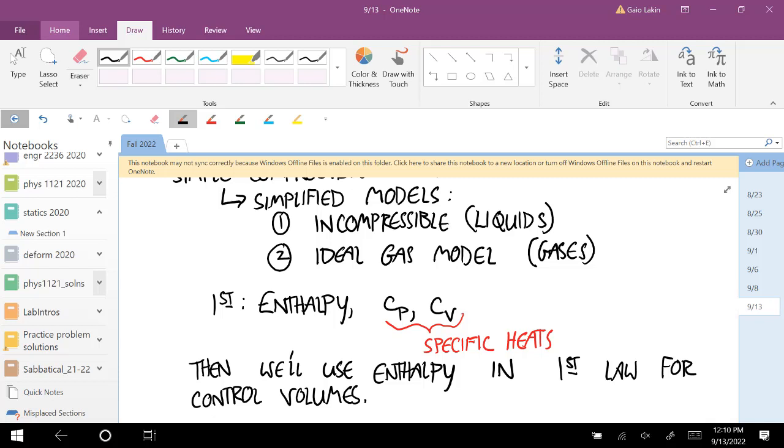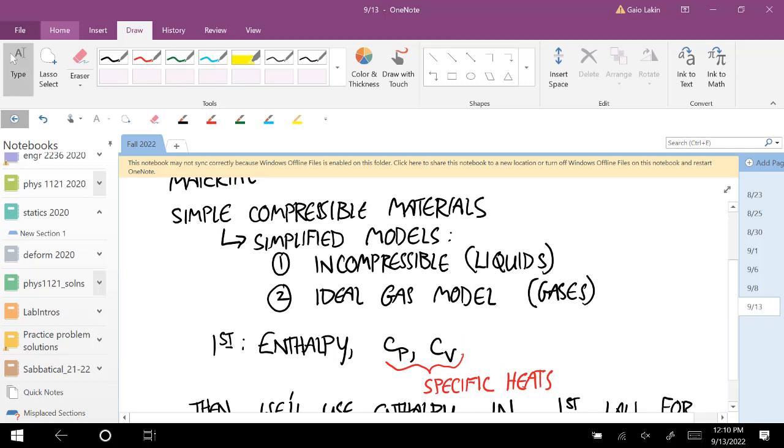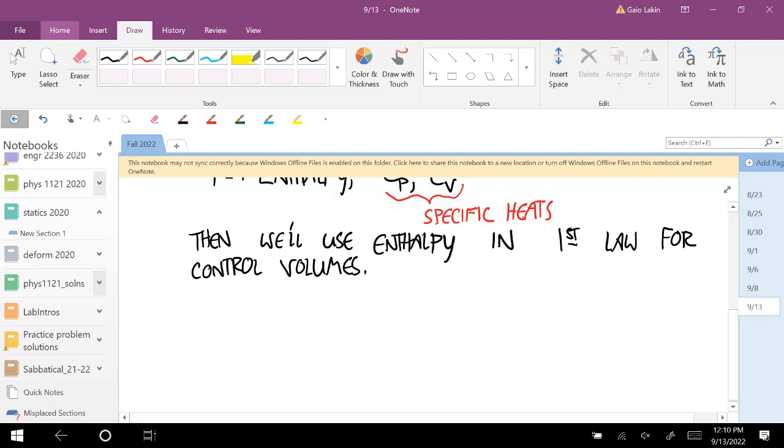You can't track the material as it comes in, it would take way too much analysis. You can track that volume, so you have to change the math in order to be tracking a volume and not specific particles, specific material. And then we're going to talk about enthalpy and the specific heats when we talk about these simplified models.